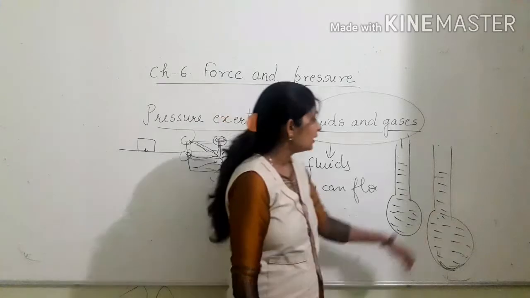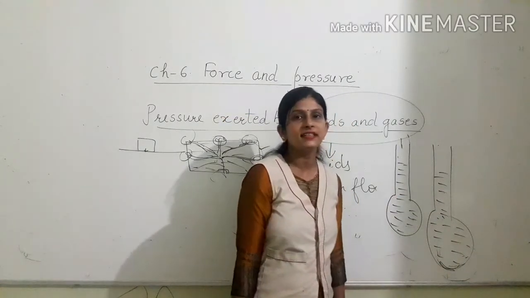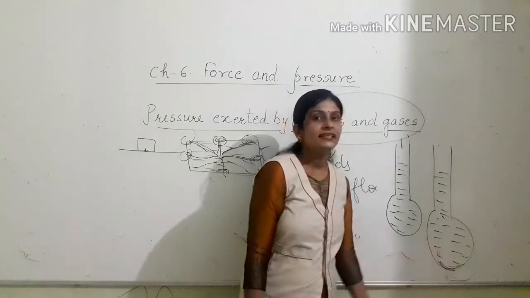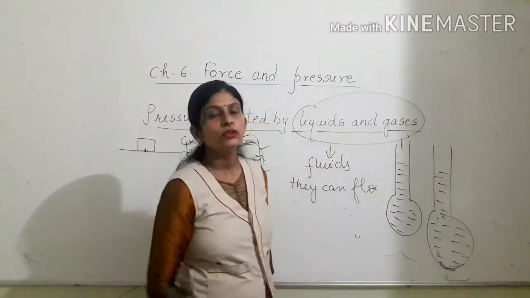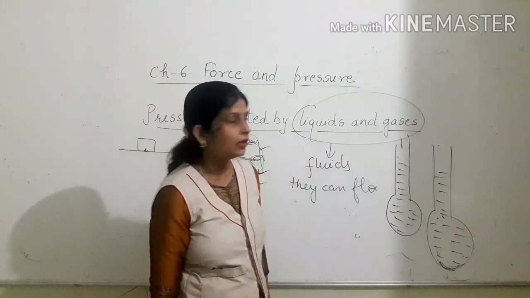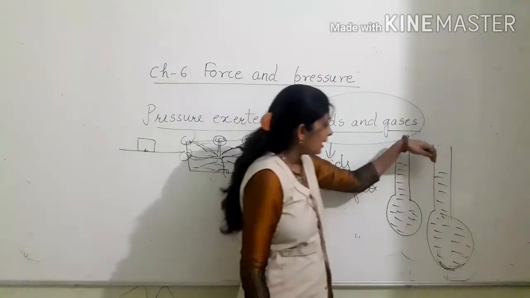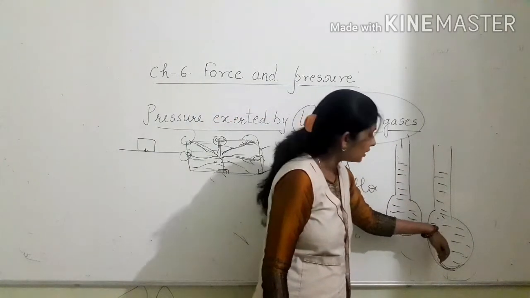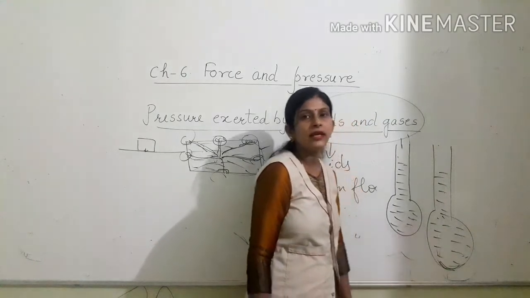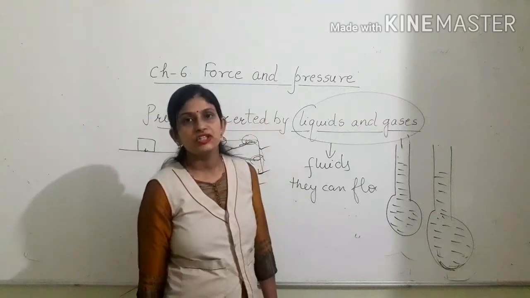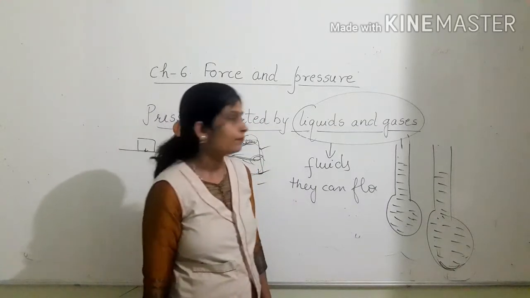It means that water applies pressure on its surface. That is why its size will elongate, will increase. So this experiment shows that water or any other liquid applies force on the unit area of the object. In this way, it applies pressure on another surface.